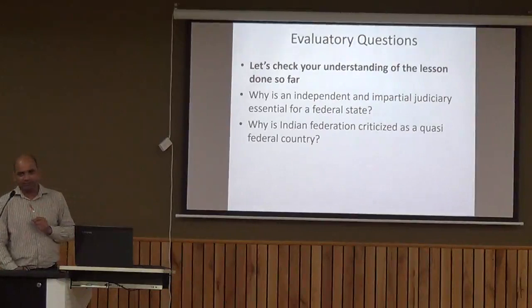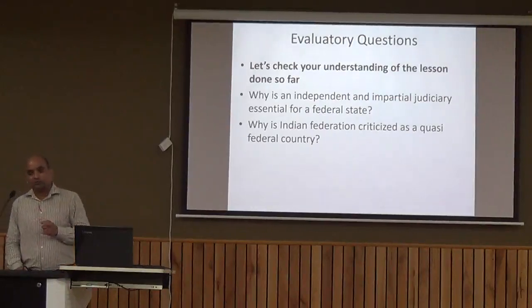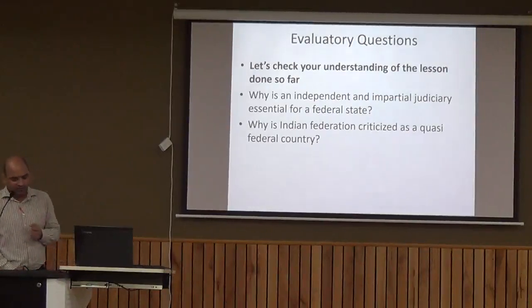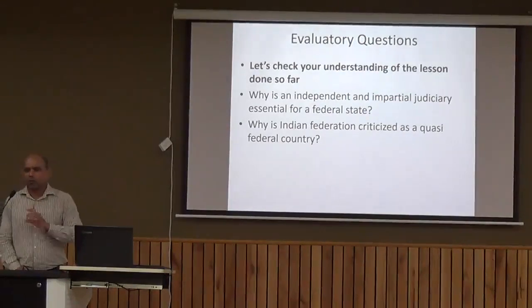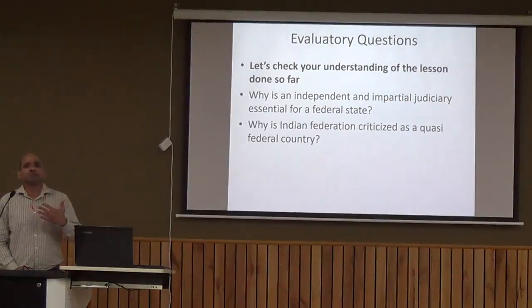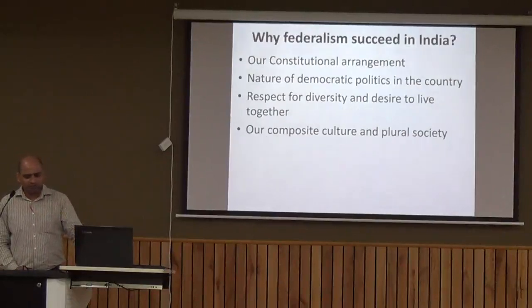Can you tell me? Keep these questions ready. Second, why is the Indian Federation criticized as quasi-federal, means half federal, half unitary? When does the Indian Federation behave like a unitary country? Can you find out?